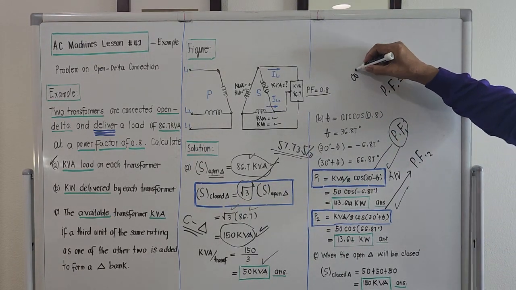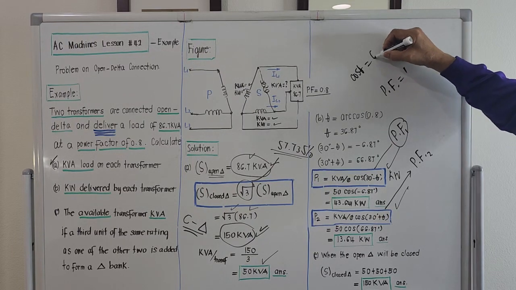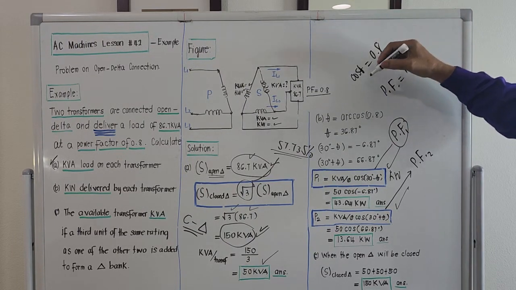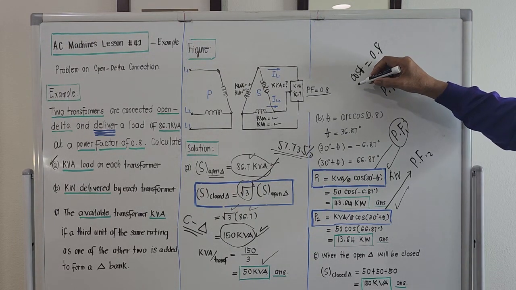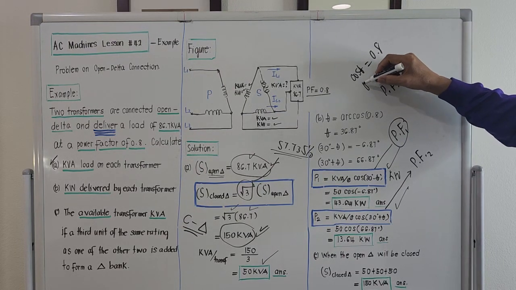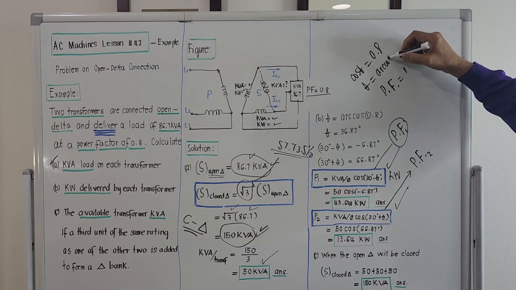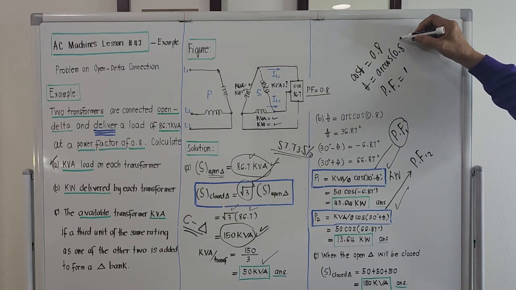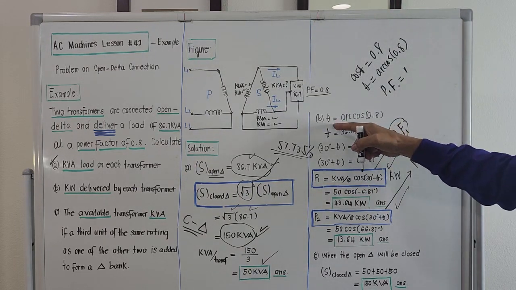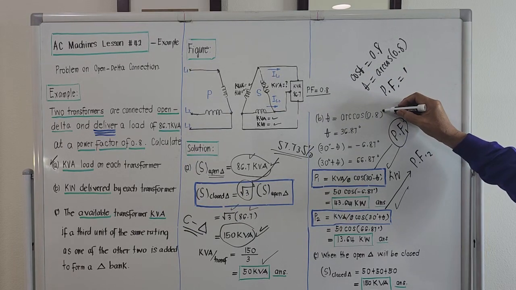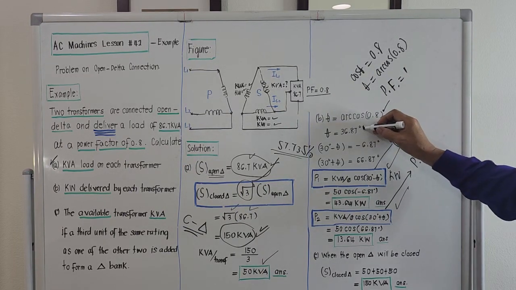So cosine of theta is equal to 0.8. Taking the arc cosine of both sides, we could compute for theta. The arc cosine of 0.8 is 36.87 degrees.